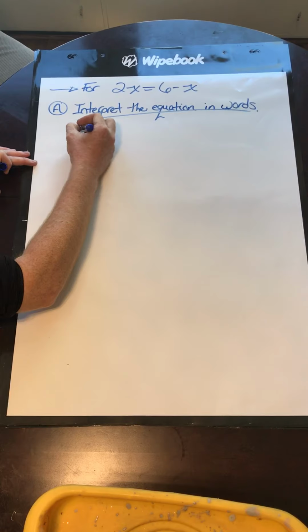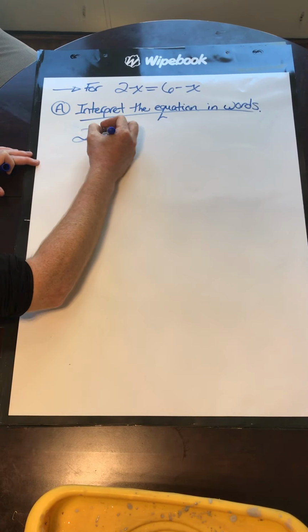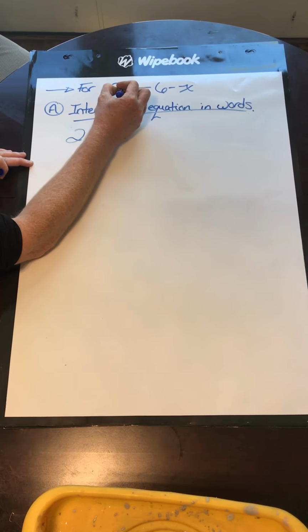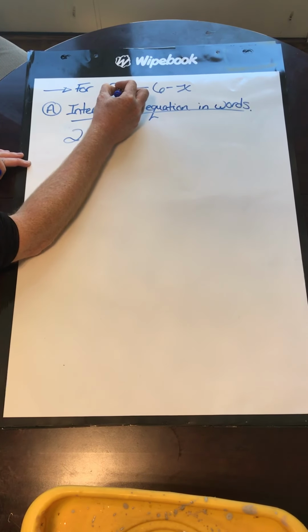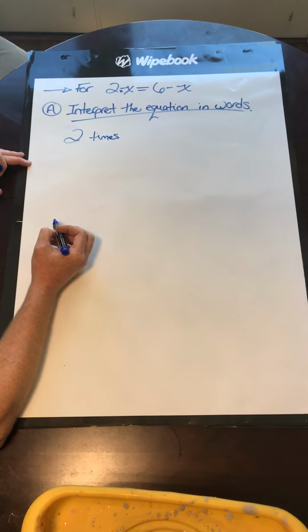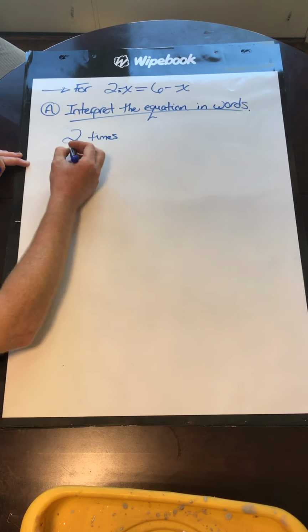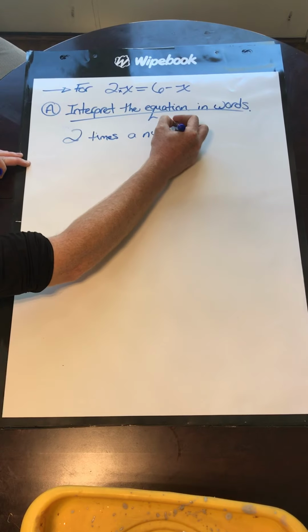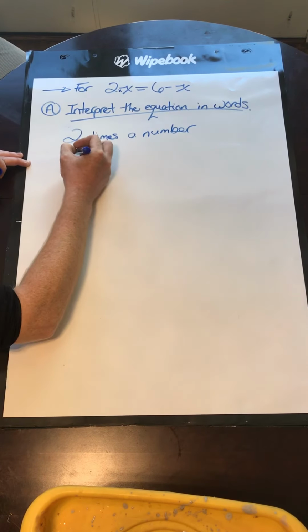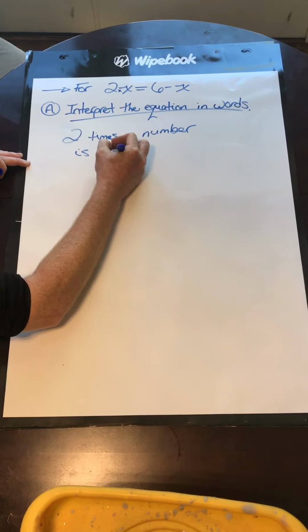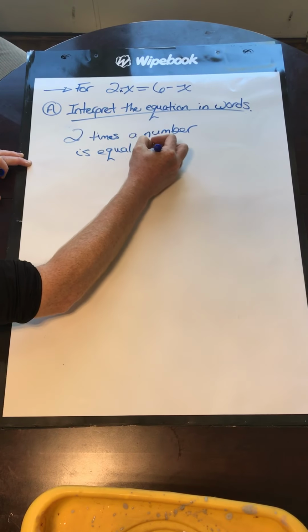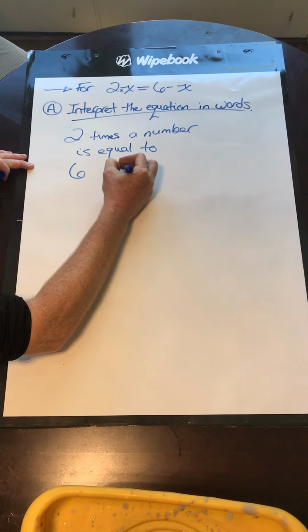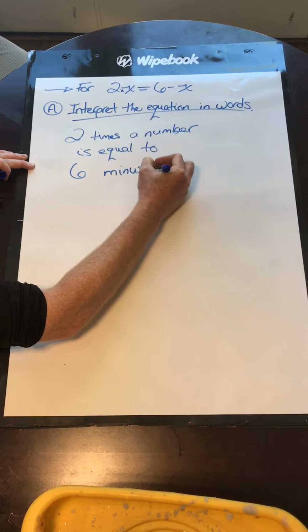Well, this means 2 times, and remember there's a little itty bitty multiplication inside there, 2 times a number is equal to 6 minus the number.